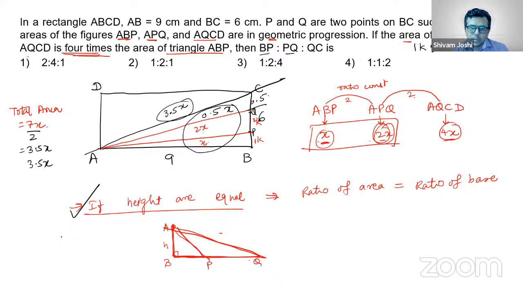PQ is 2K. And CQ is 0.5K. You can cancel K everywhere. So the ratio is 1, 2, and 0.5. And you can multiply this ratio by 2 to convert everything to integers. So this has to be 2, 4, and 1, which is my final answer. 2, 4, and 1 is option number 1.